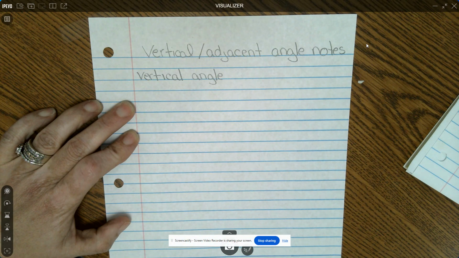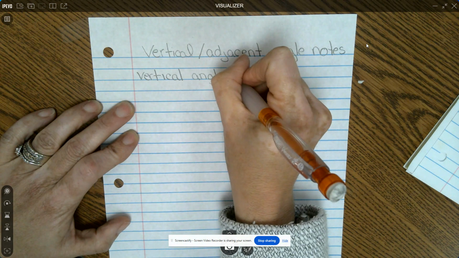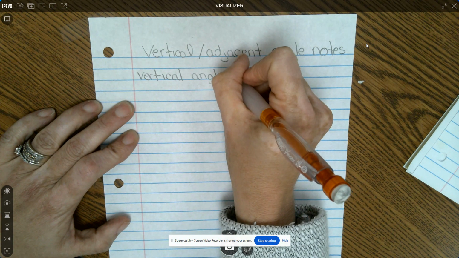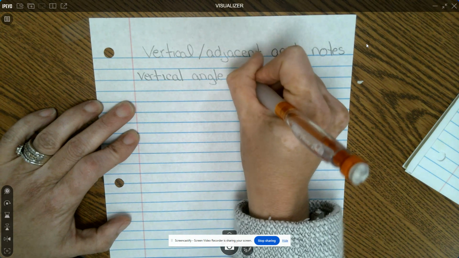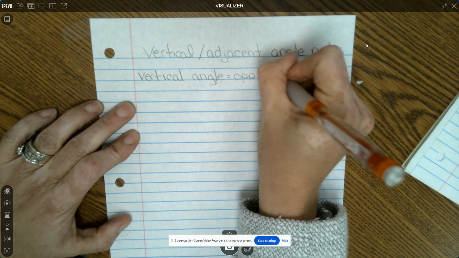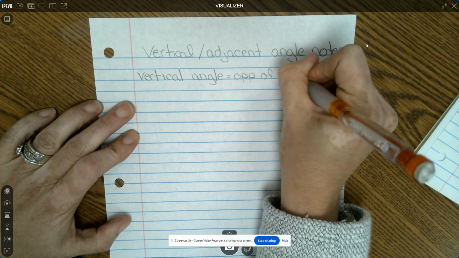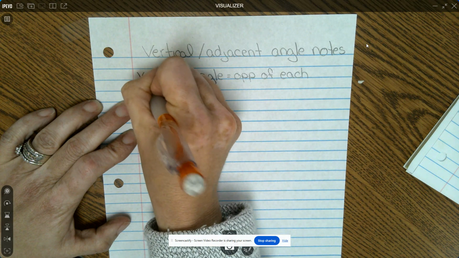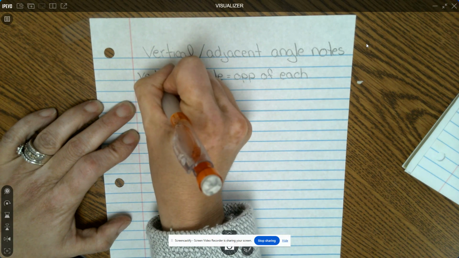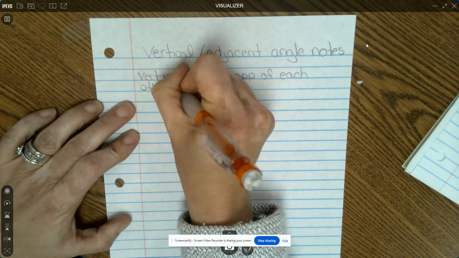Angles that are opposite of each other. Okay, yep, so they're opposite of each other. And more importantly, they equal each other.